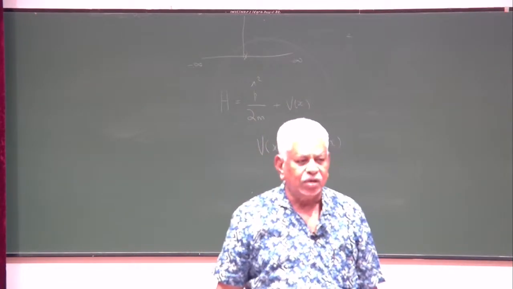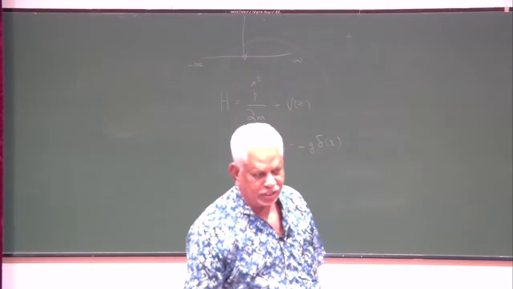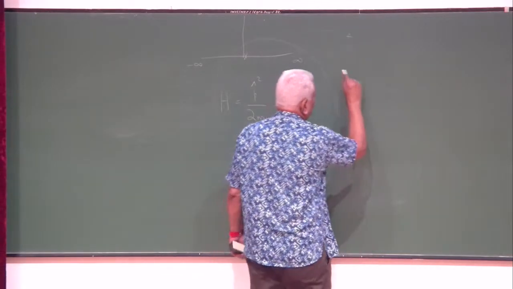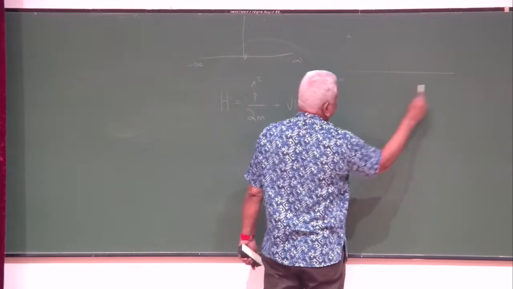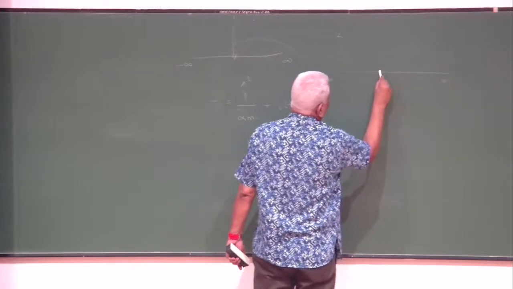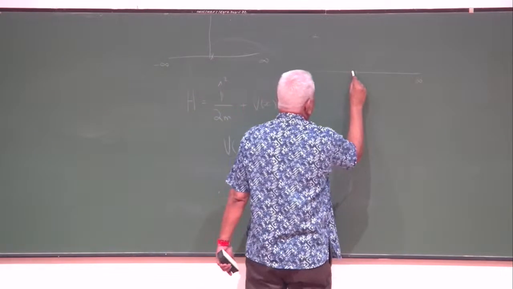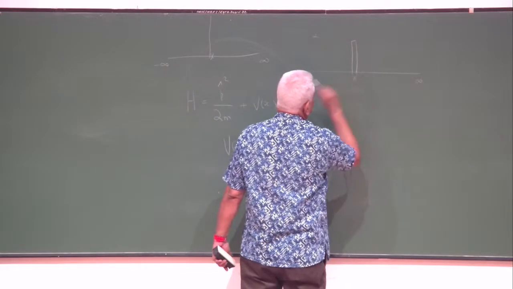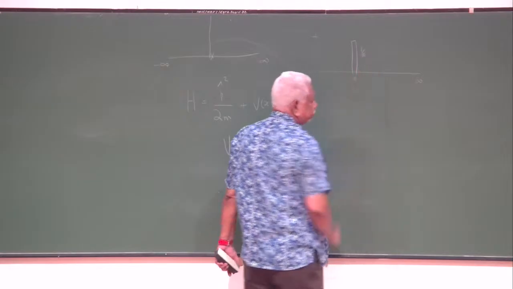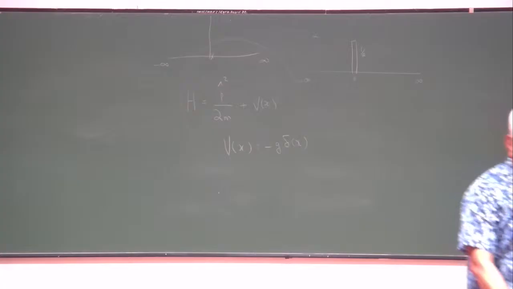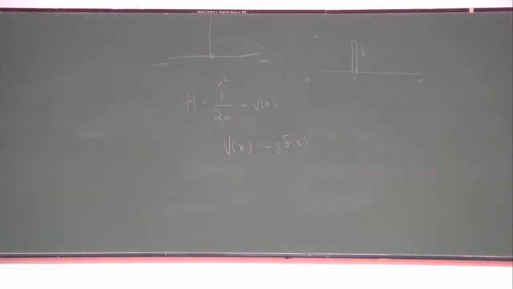But to understand it better in physics language, you have the line from minus infinity to plus infinity, and you have a small width A. At this point you draw a rectangle whose height is 1 by A and whose width is A. What is the area of that rectangle? 1.